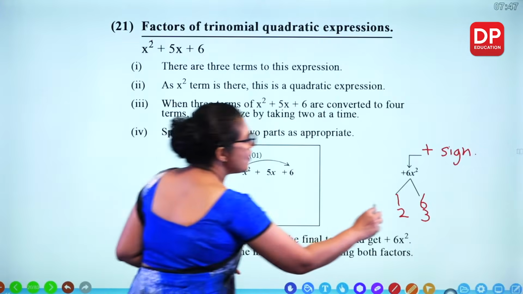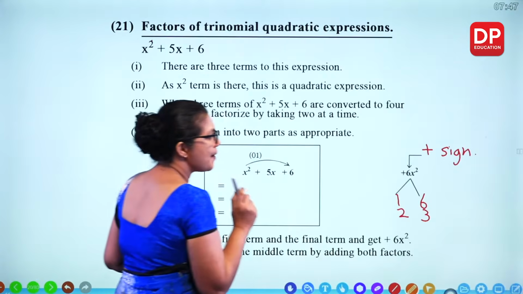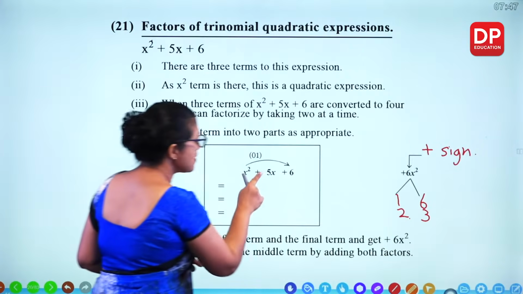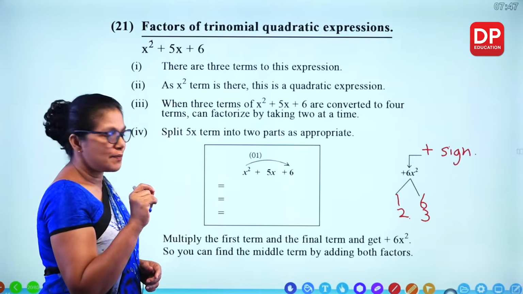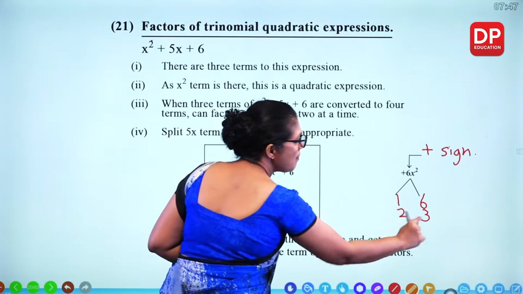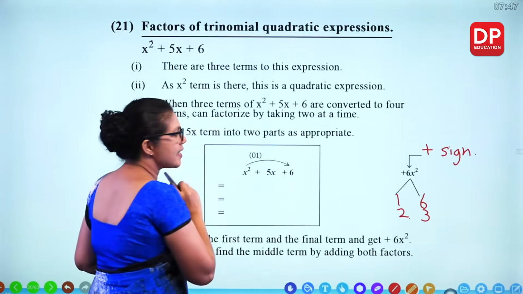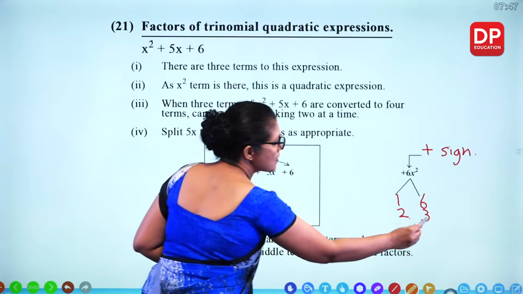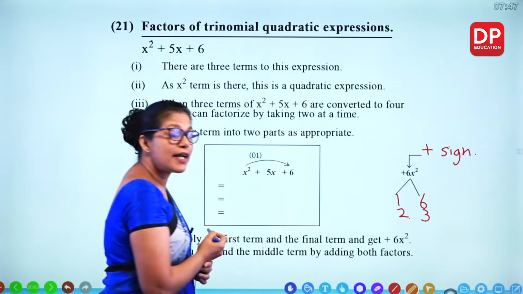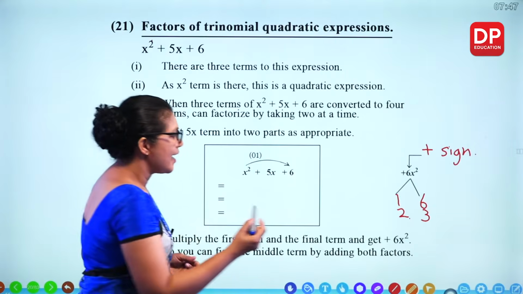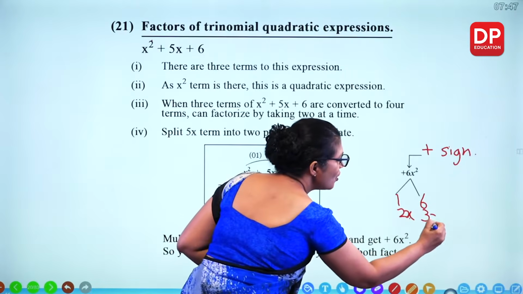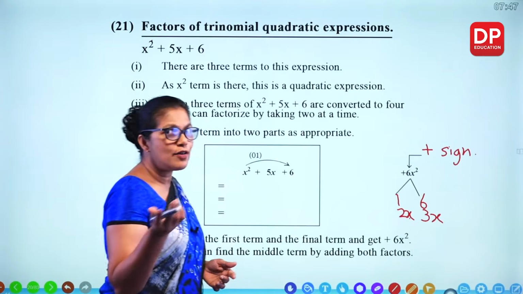So first you need to identify, when you add the factors, are we getting the middle term? Yes, we are getting the middle term by these two factors. So that means these are the correct expressions. So how can you write 6x squared? I can write 2x into 3x. Not just 2 times 3, you get 6.